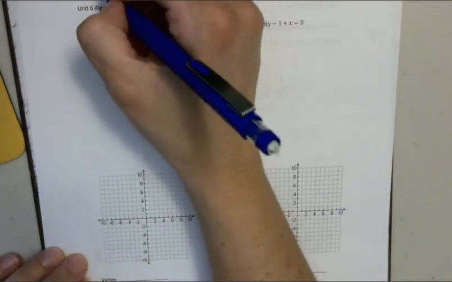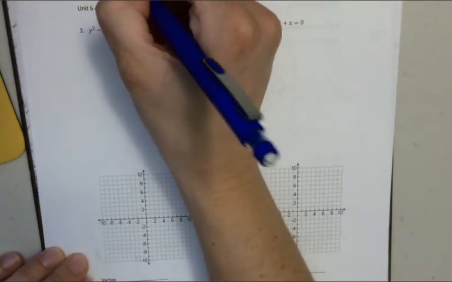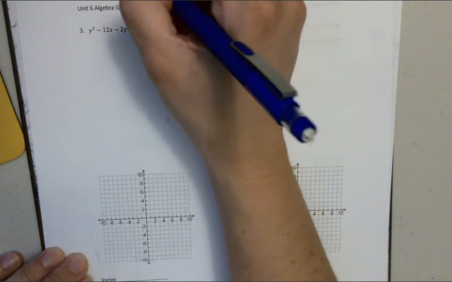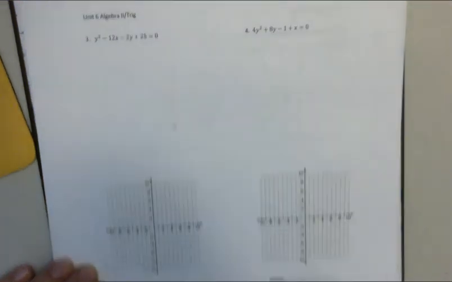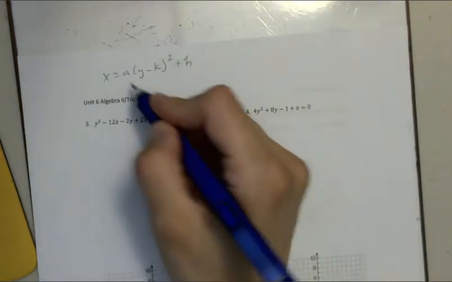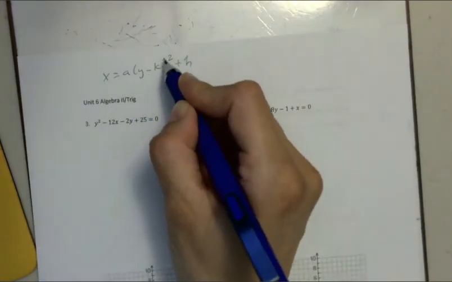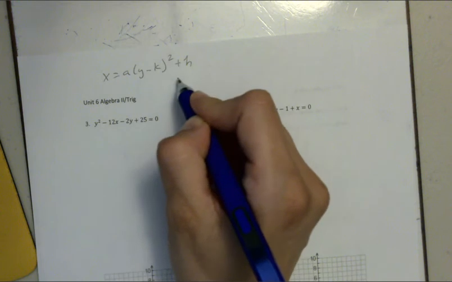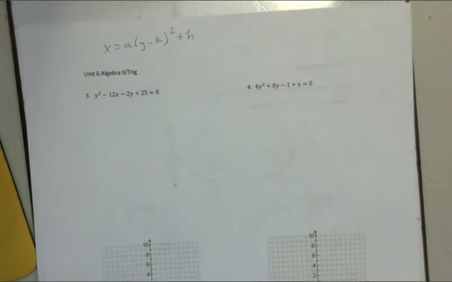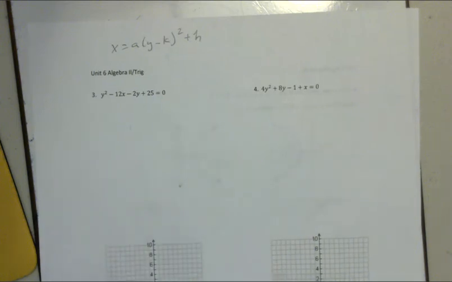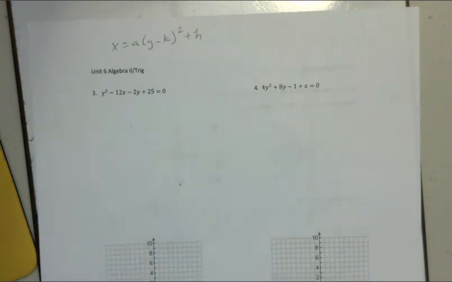We want it to say this: x equals a, parentheses, y minus k squared plus h. So this is in vertex form. Right now these are not in vertex form, but we need to make them in vertex form. And again, remember, in order to do that, we can complete the square.